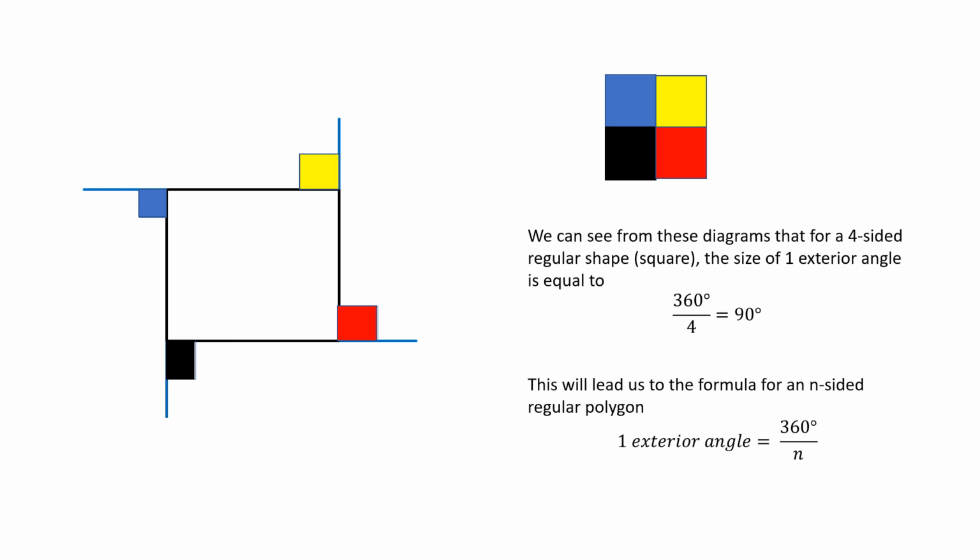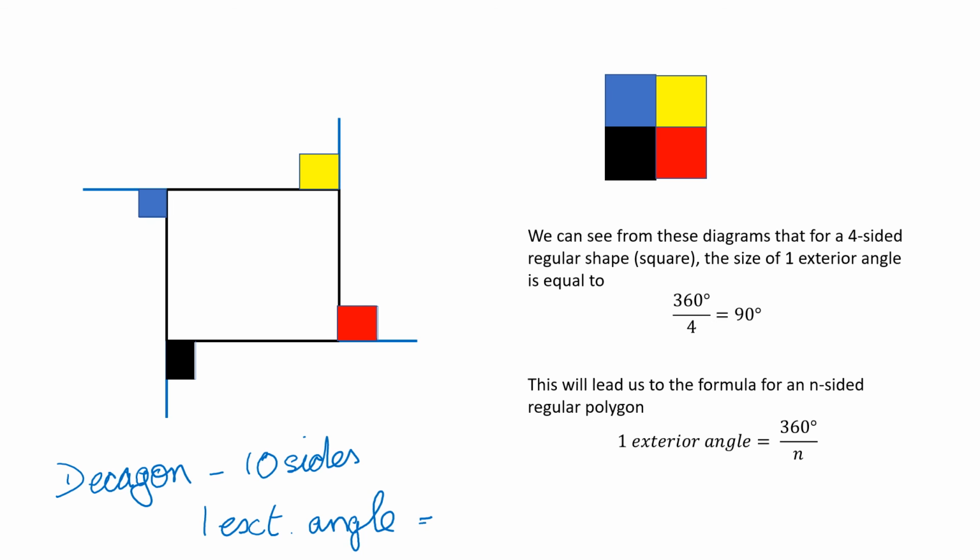So if you have a decagon, which is 10 sides, then one exterior angle equals 360 degrees divided by 10, which is 36 degrees.